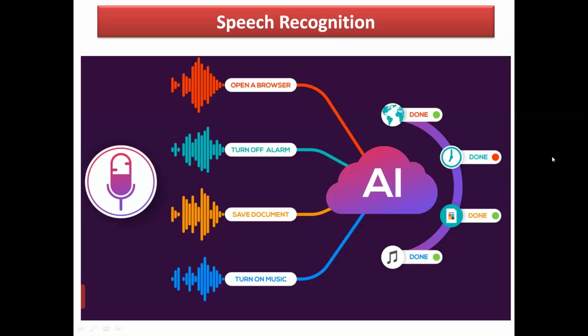In speech recognition also, pre-trained models are used. You might have used Amazon Alexa. What is Amazon Alexa? At the back end of Amazon Alexa, there is a pre-trained model. It is able to identify what you are saying, what is the meaning of your sentence, what you want to say with your particular statement.